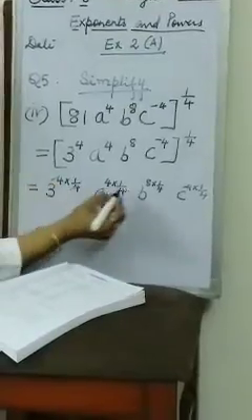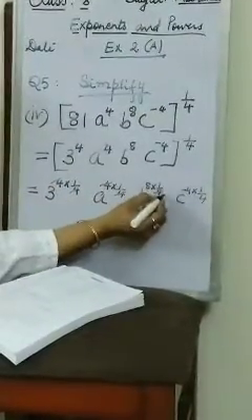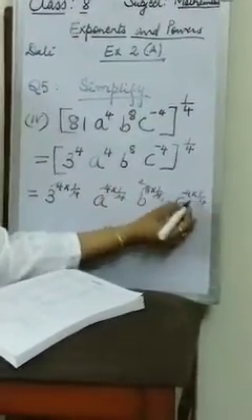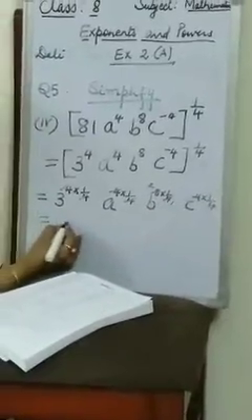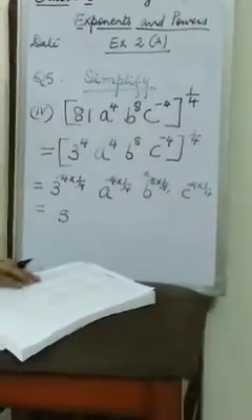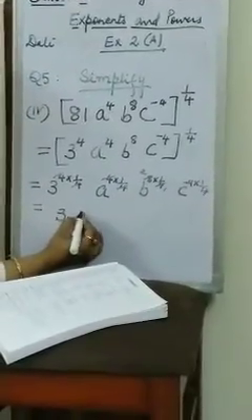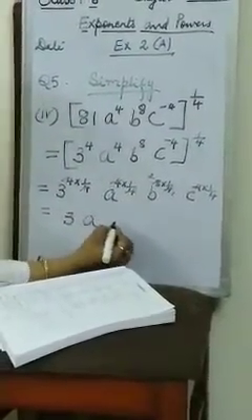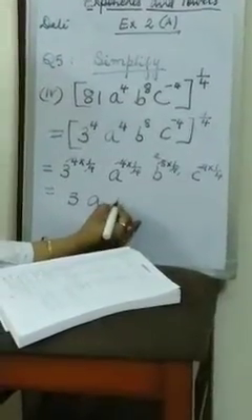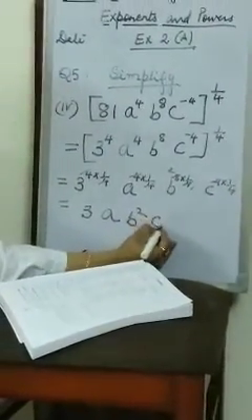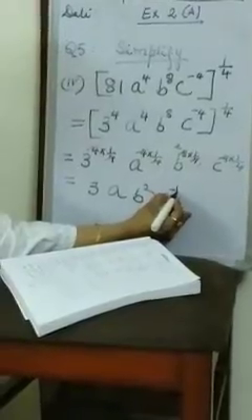So 4 gets cancelled, 4 gets cancelled, 4 1s are 4, 4 2s are 8, and 4 gets cancelled. So we get 3 to the power 1. Power 1 is not written, so I write 3. A to the power 1, so I write only a. B to the power 2, so I write b to the power 2. C to the power 4 gets cancelled, but minus 1 is left.